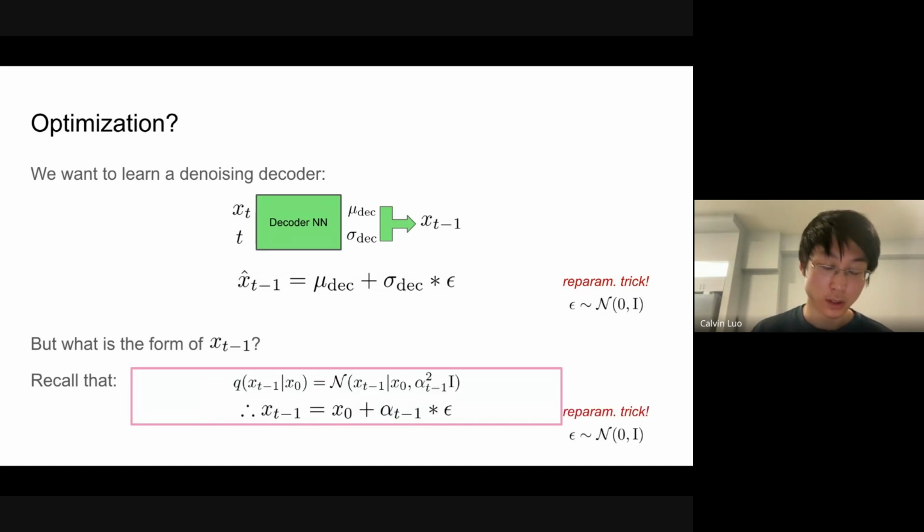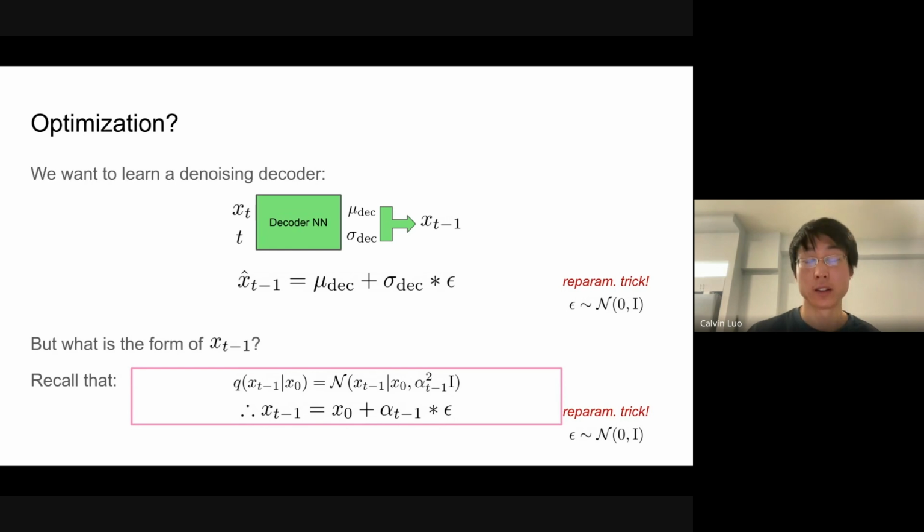So the ground truth form of the distribution of xt-1 given x0 says that true samples xt-1 can be rewritten using the reparameterization trick as x0, the mean, plus alpha t-1 times epsilon, right?